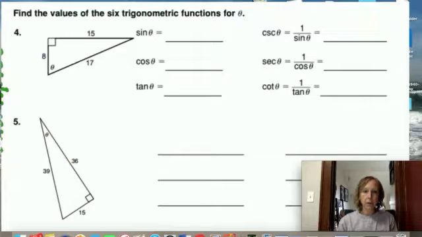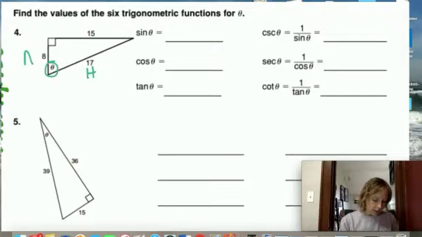We'll start by doing sine, cosine, tangent one more time, and then we'll find the reciprocals. So first I'm going to notice where my angle is. My theta is right here in the bottom left, and I'm going to label, just like before, opposite, adjacent, and hypotenuse. Hypotenuse is always the longest side across from the right angle. Adjacent is always next to my angle, and opposite is all the way across.